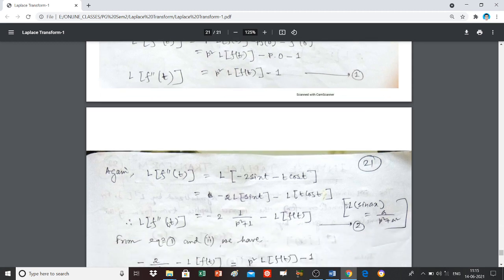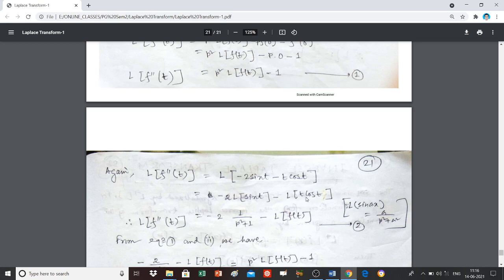You know that the Laplace transform of sin ax is equal to a/(p² + a²). So in this case a is equal to 1. That means the Laplace transform of sin t is equal to 1/(p² + 1), and we multiply this by the negative sign, and then minus the Laplace transform of t cos t.